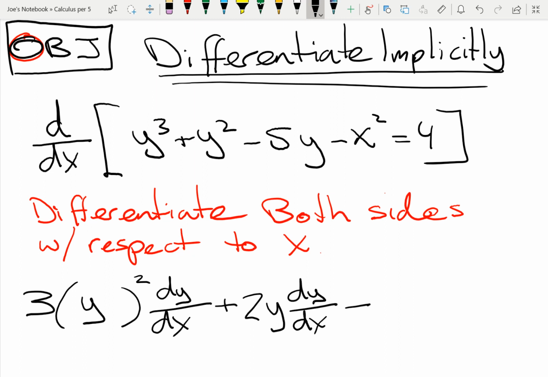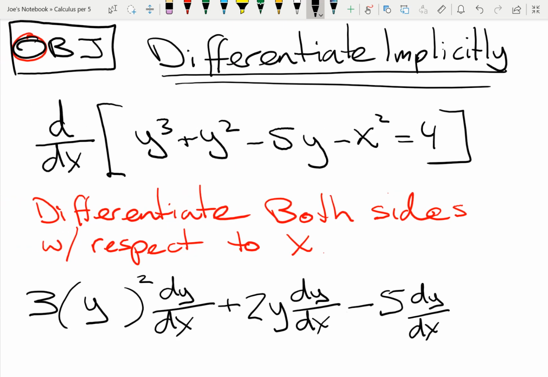Now, this is a commonly missed term's derivative, because the derivative of negative 5y is negative 5, or if it were x, it'd be negative 5. However, you can't forget that you took the derivative of y, so it has to be followed with a dy dx. Even though there isn't a y left in your answer, it has to be done.